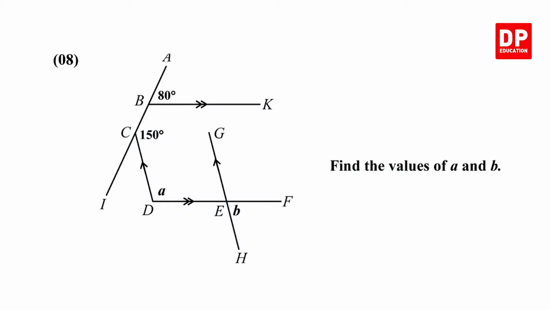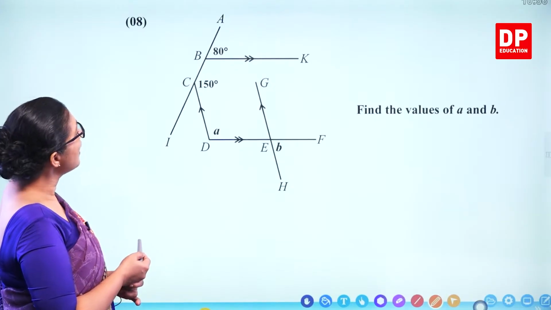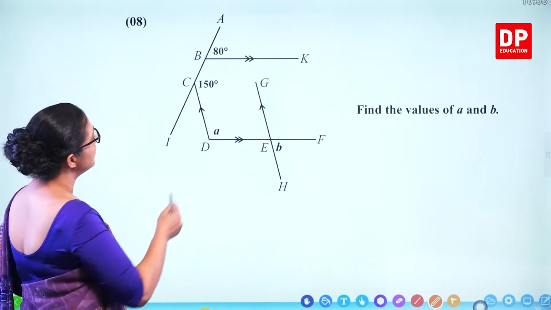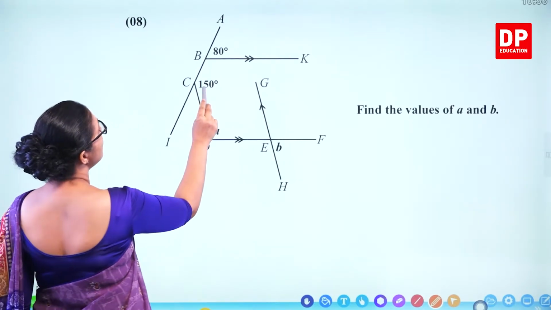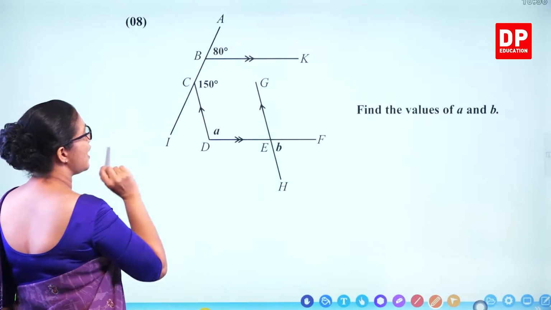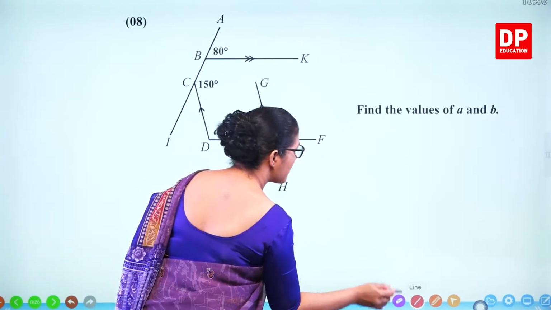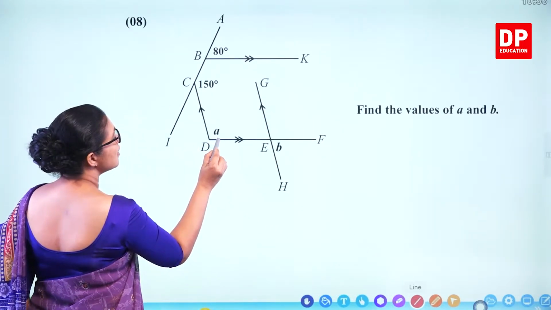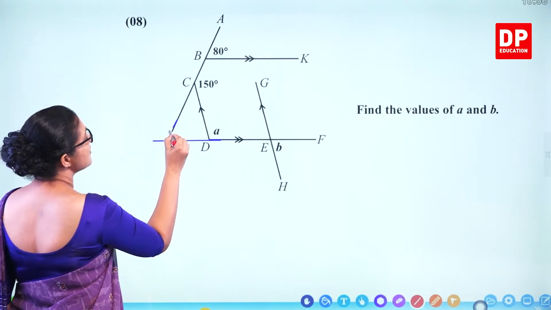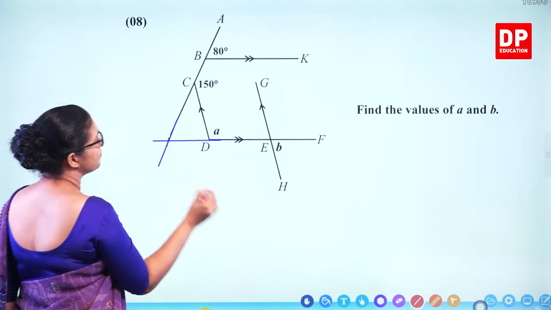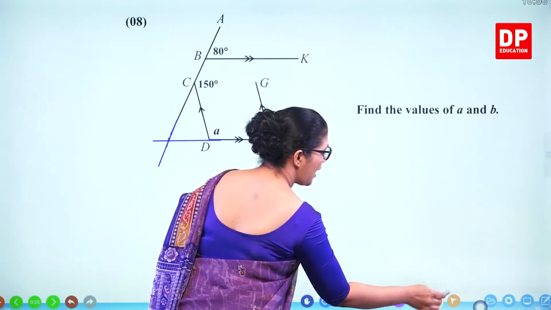Question number 8. Find the values of a and b. Look carefully. A is here, so you can't use this one with that. We need to do a small construction. We'll draw this line here. Extend these 2 lines. Now think about the diagram.